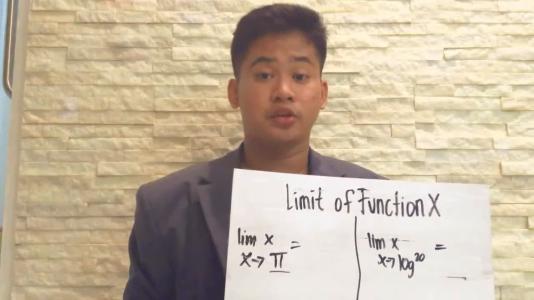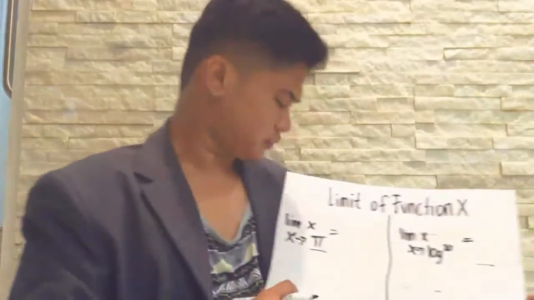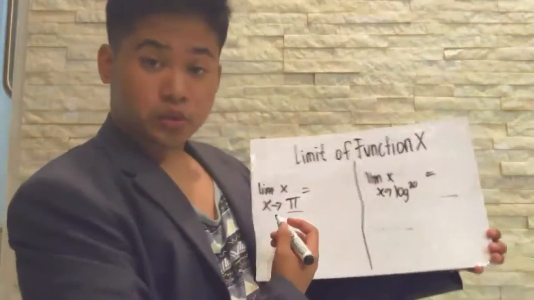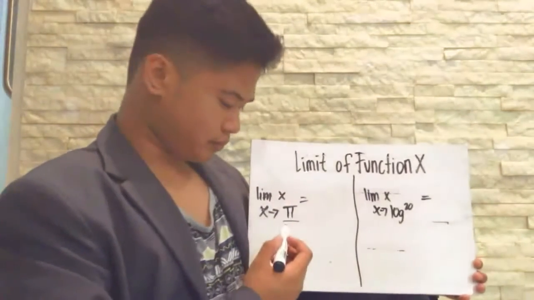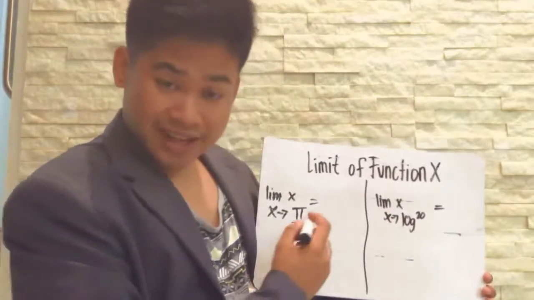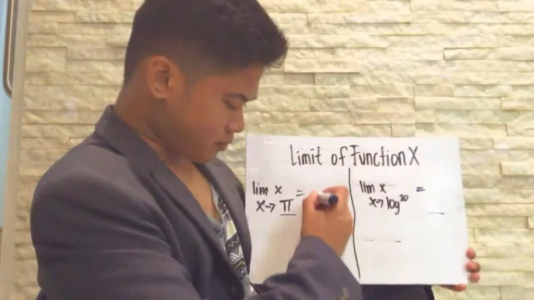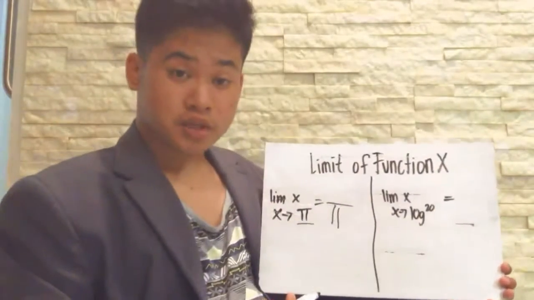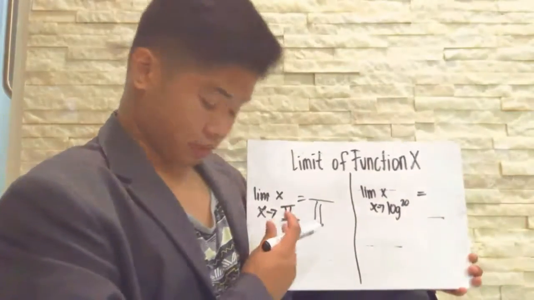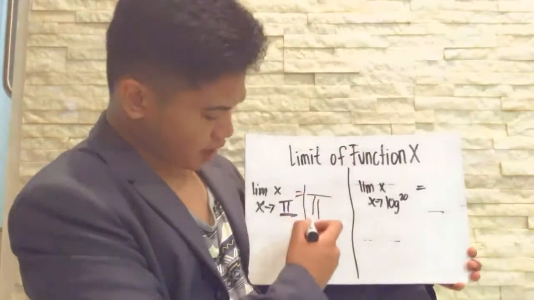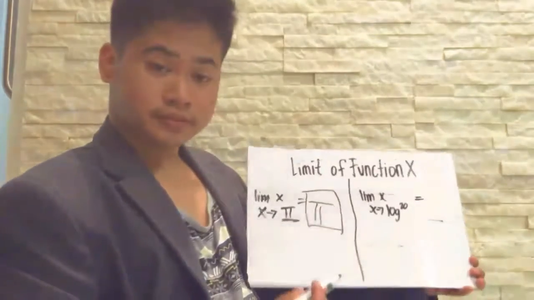We have another two examples here. First one, limit of x as x approaches pi. The answer here is pi, because the given constant here was pi. So pi is our answer.